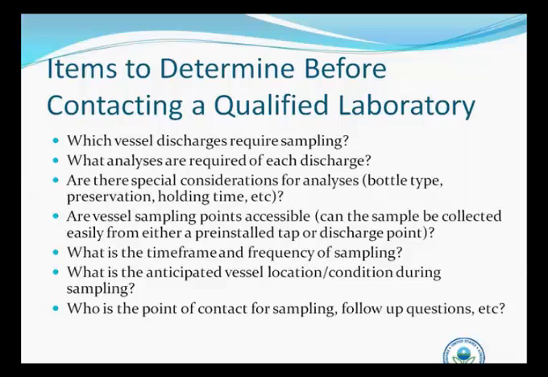And then it's also important to coordinate with specific port locations as far as where the ship is going to be docking, and also identifying lab services within those areas. Some locations in the world are more amenable to sampling than others, as far as proximity to laboratories and the type of security that you have to go through for getting contractors on and off the ship.